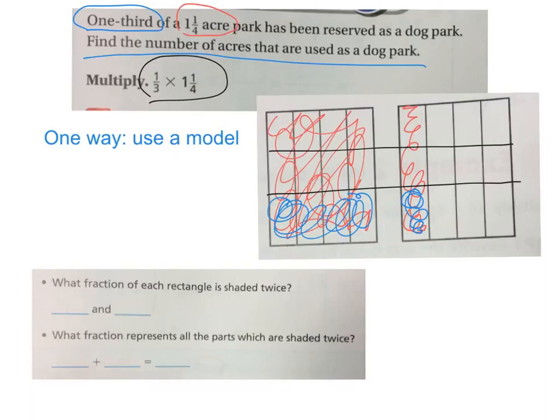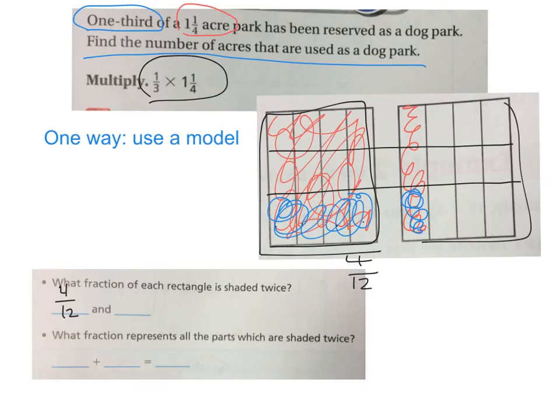Now the question is asking what fraction of each rectangle is shaded twice? What fraction of this rectangle on the left is shaded twice? 4 out of how many total sections? 4/12, otherwise known as 1/3, yeah. Now how much of this one? What about this one?